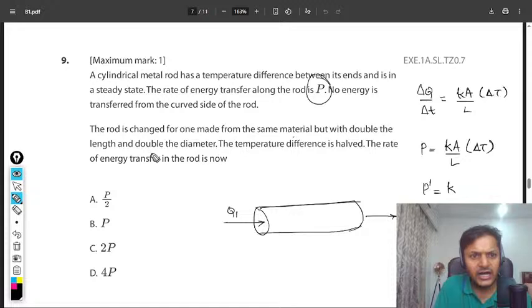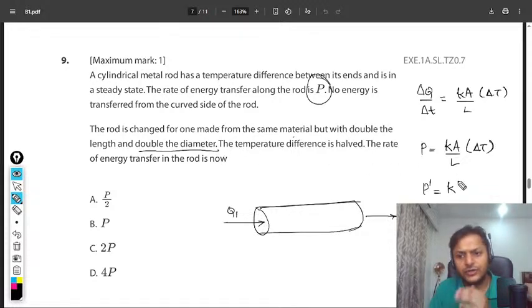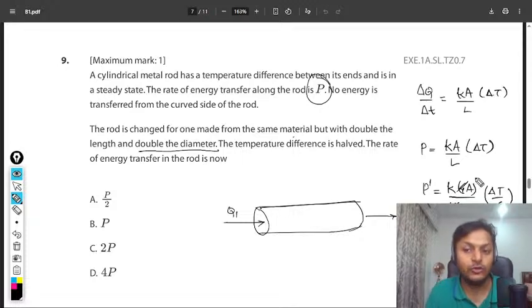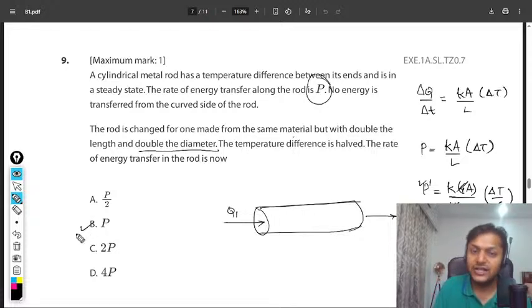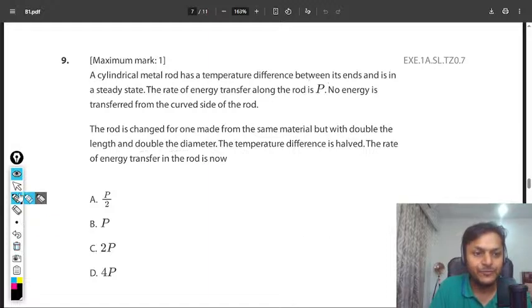The diameter is double, which means the radius is double, and area is pi r squared, so the area becomes 4 times. The length is double, so it becomes 2L. The temperature difference is halved, so it is delta T by 2. So the 2 and 2 and 4, everything is getting cancelled out, and you are actually getting the same answer. It means that your new power will be equal to the same power P. So there is no change, and so the answer will be B.